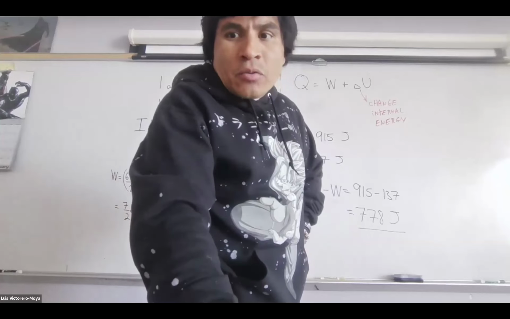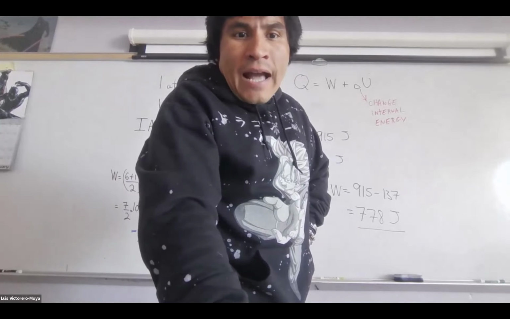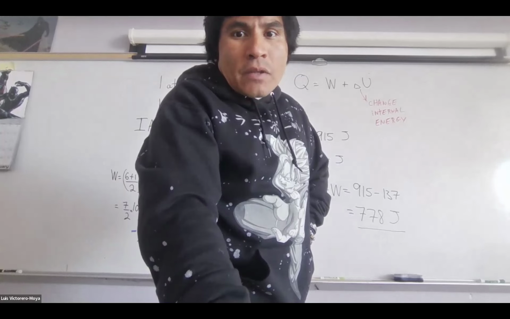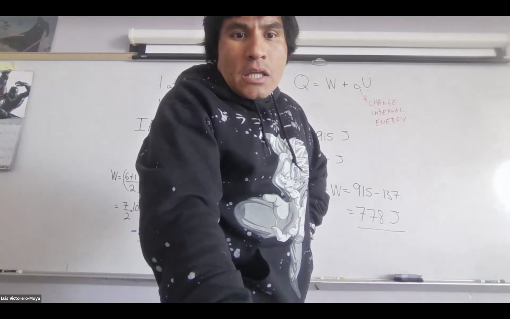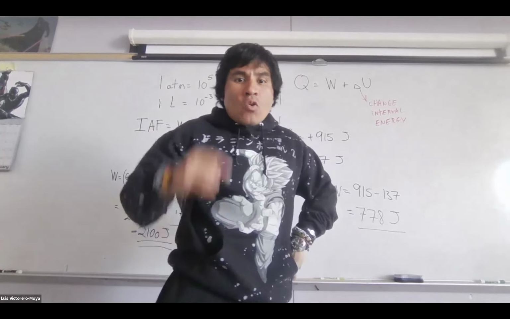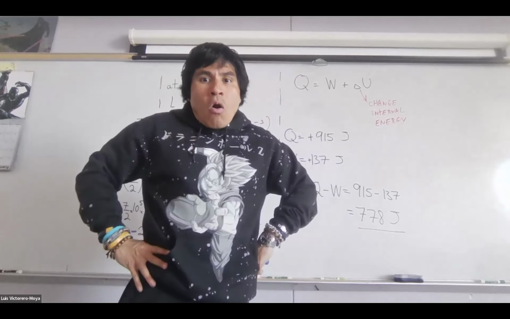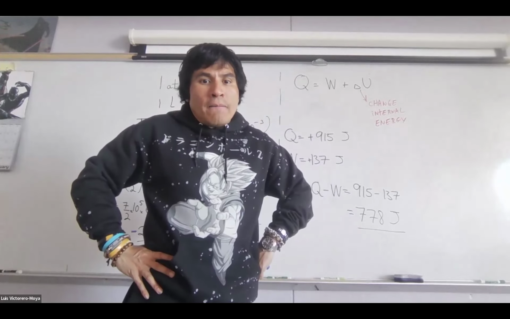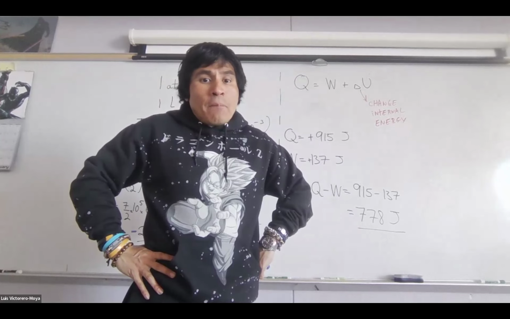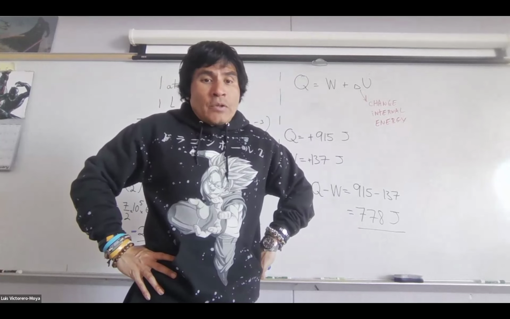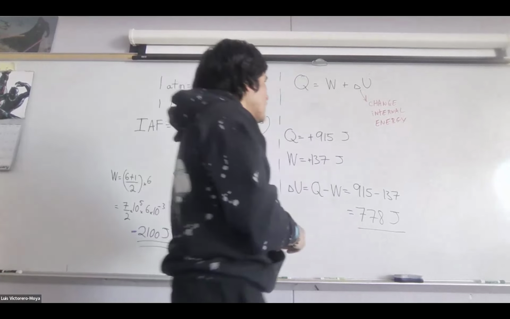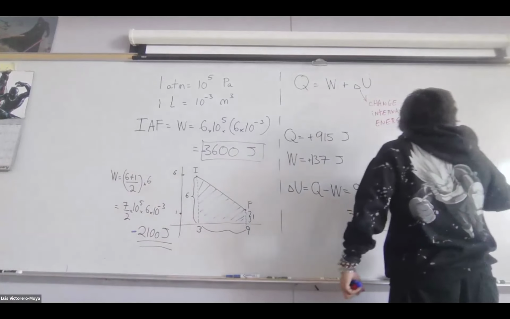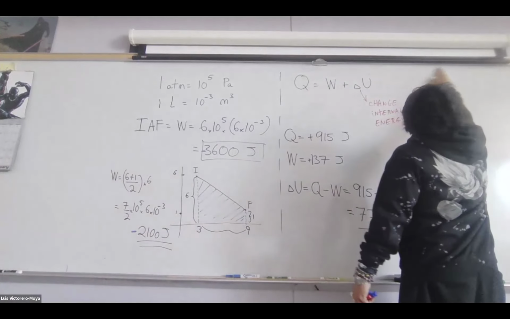Calculate the change in temperature of the gas. So guys, since you are looking at the change of temperature, you have to use the equation for the internal energy. That's what I was talking about the other day in the lecture, right?